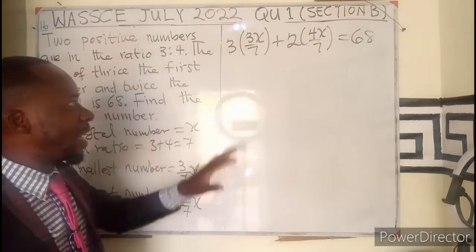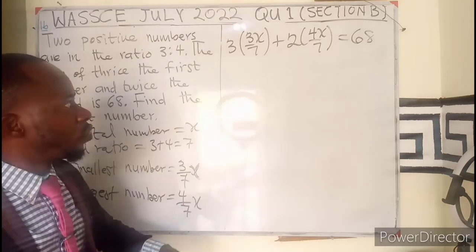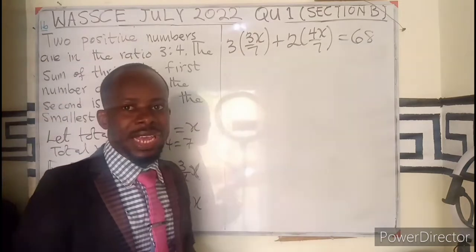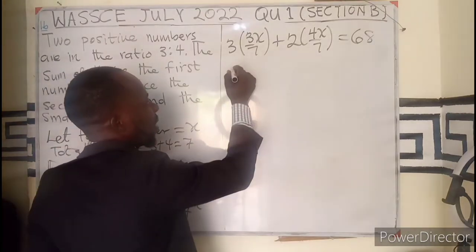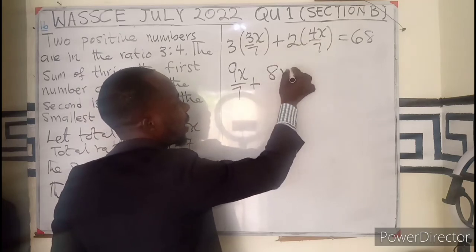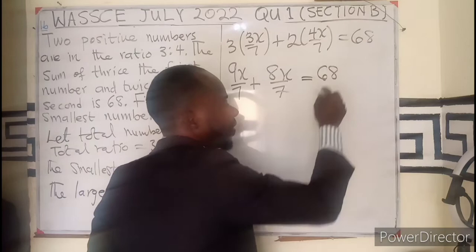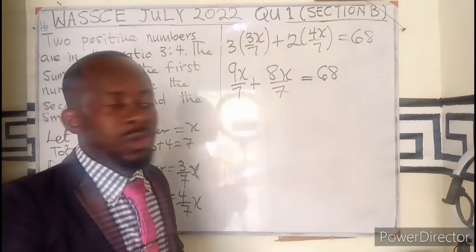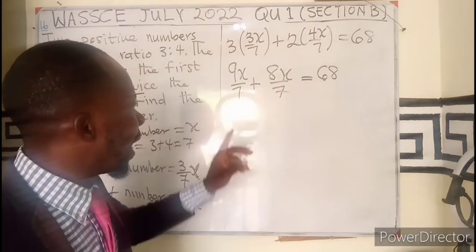So this becomes a simple linear equation involving fractions. To take care of the bracket, I multiply to remove it. This will give us 9x over 7 plus 8x over 7 all equals 68.